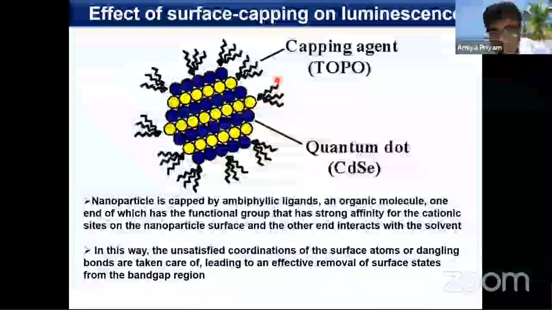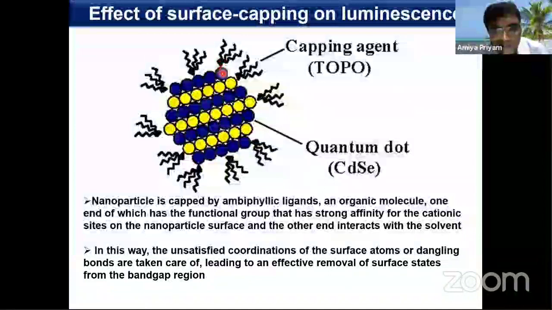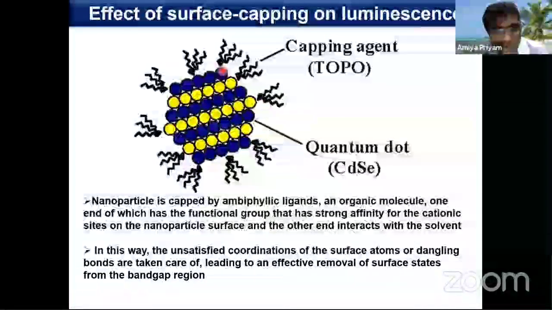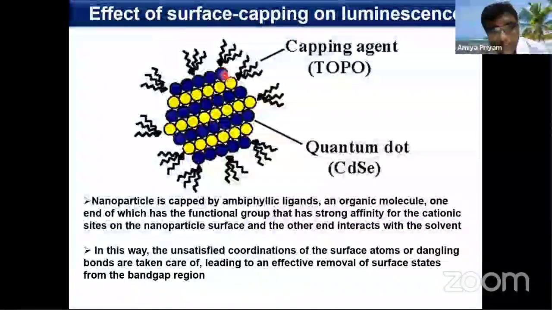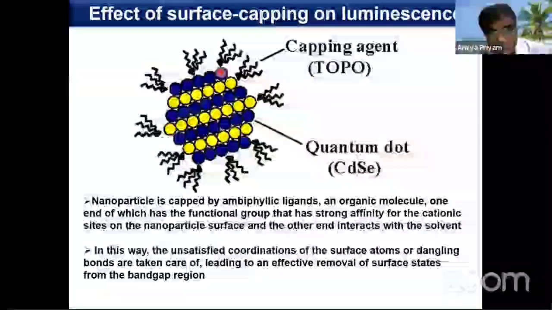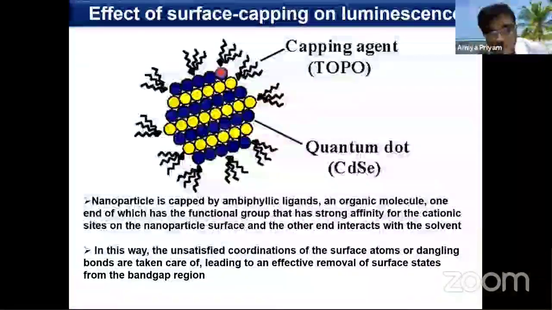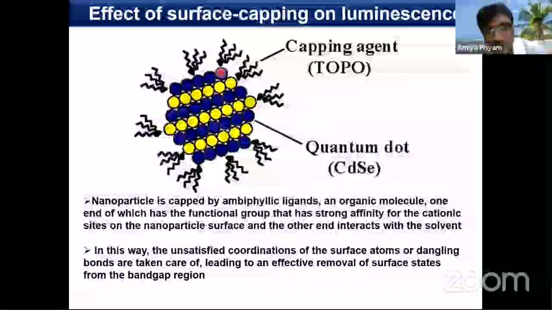Once they are coordinated to these capping ligands, the dangling bonds are gone, and your fluorescence quantum yield will be higher. Moreover, they will also impart enhanced stability to the system.